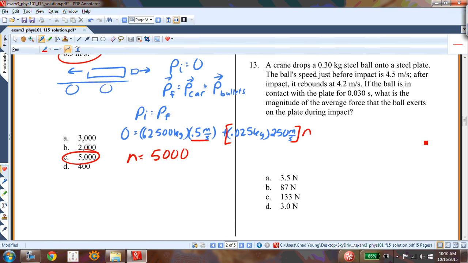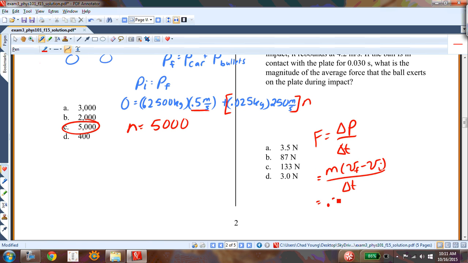A crane drops a 0.3 kilogram steel ball onto a steel plate. There's the ball speed just before impact and after impact, and the time it's in contact with the plate. I want to know the average force. That force is delta P over delta T. That's M delta V over delta T. The mass is 0.3 kilograms.